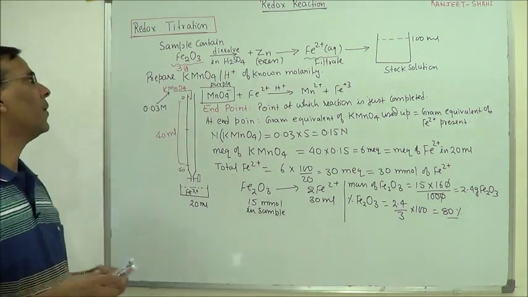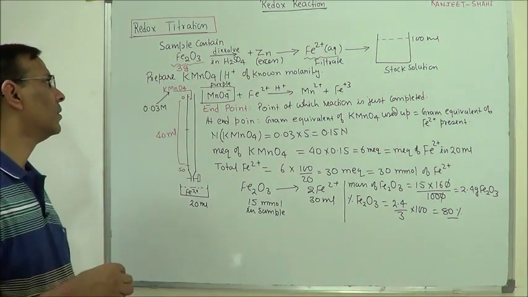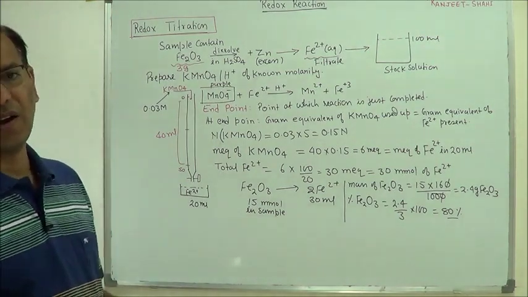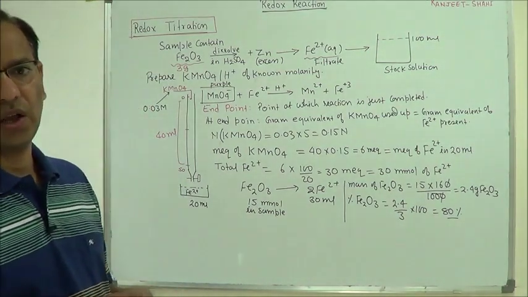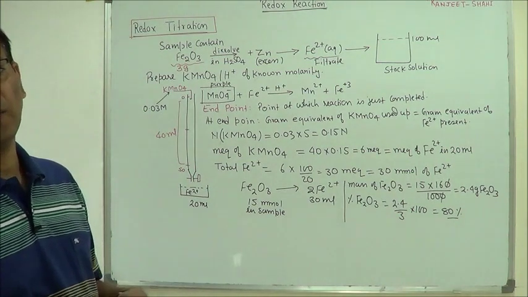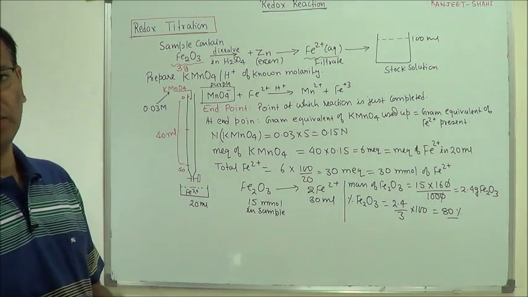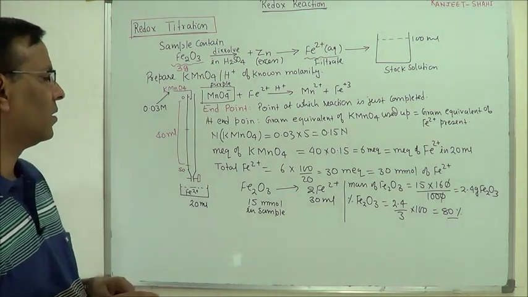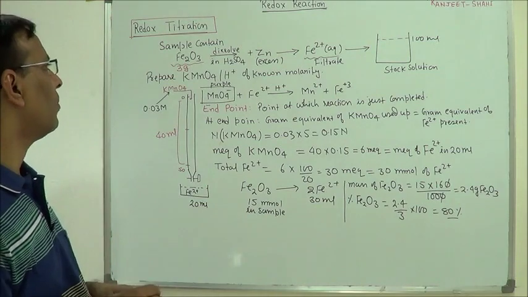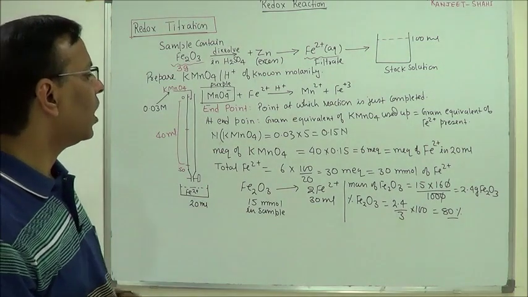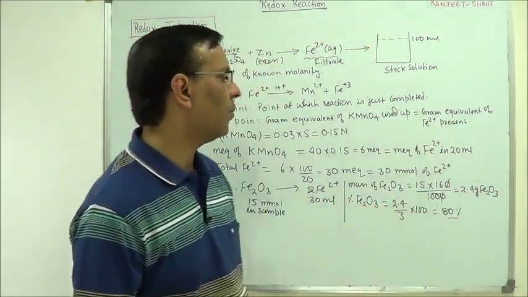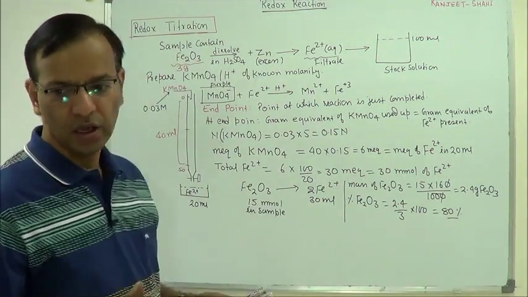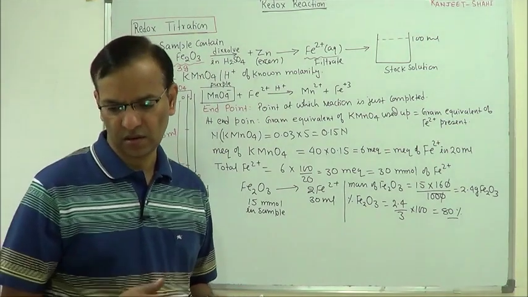So the original sample of mineral contains 80% ferric oxide by mass. So this is the purpose of redox titration, to determine the unknown amount, which is 2.4 gram, unknown amount of known substance ferric oxide in a given mass of sample.